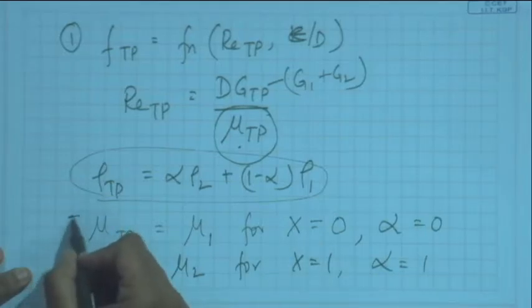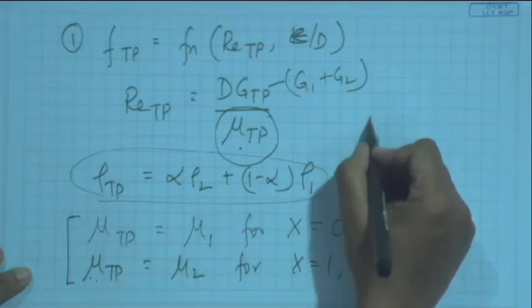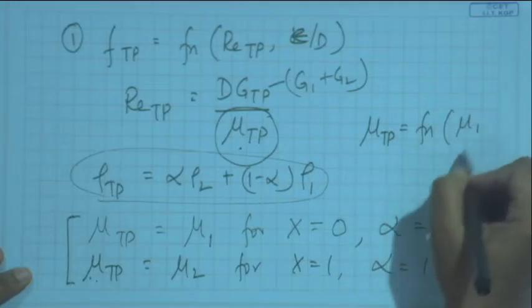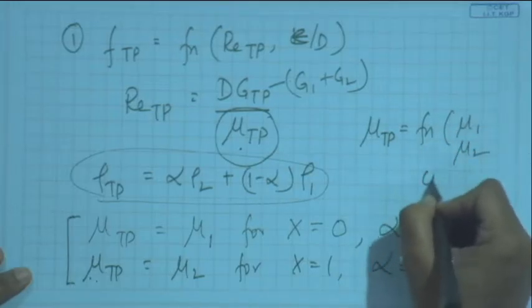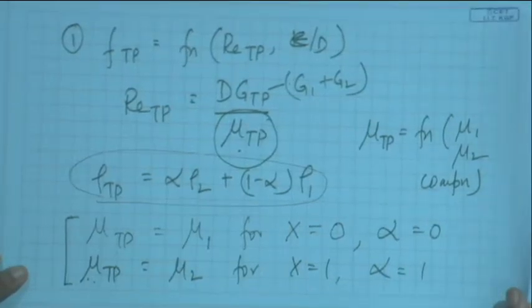So, these are the two constraints based on which a proper mu TP is expressed in terms of mu 1, mu 2 and composition, which can be either the volume fraction or the mass fraction.